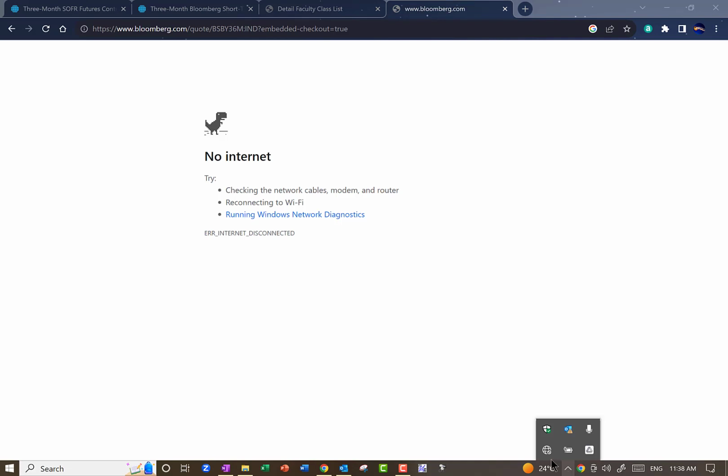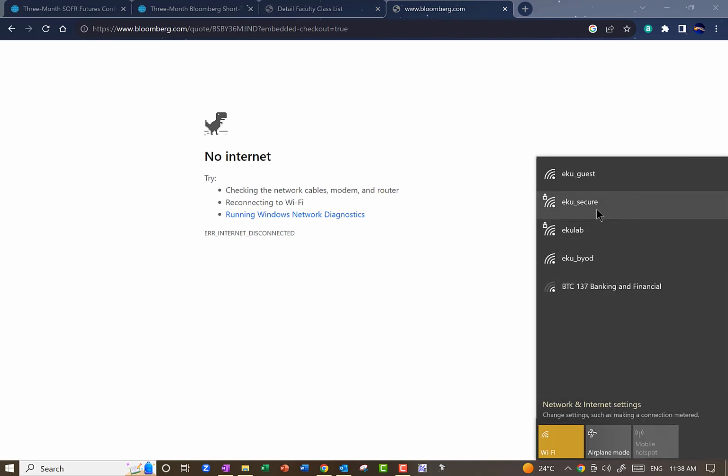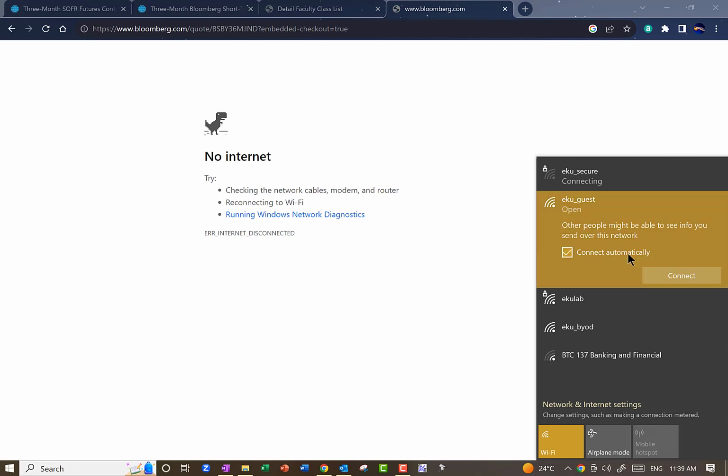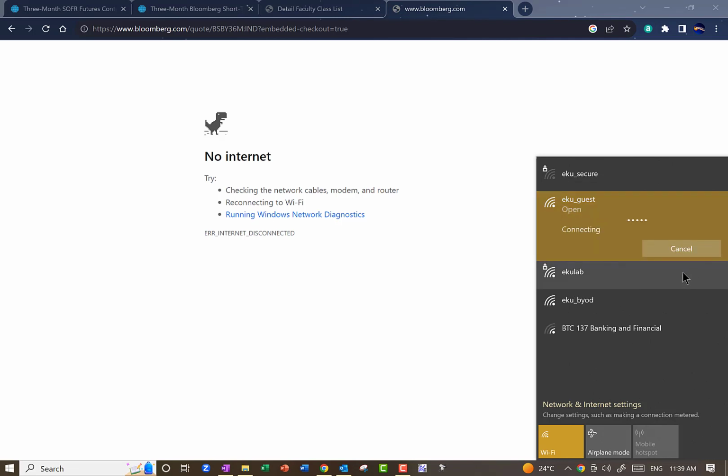I can't connect through my phone. Forgot to take it at the last moment. Let's try this one. I always have problems with EKU's IT people.